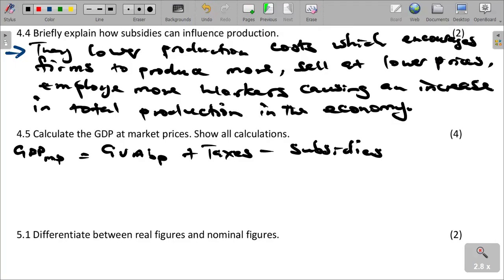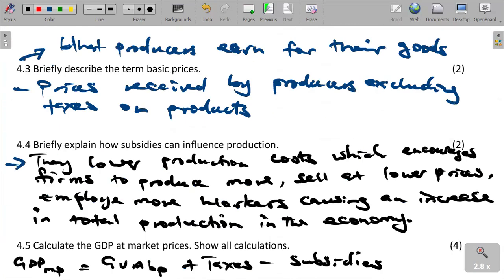What we know is that gross value added at basic prices, taxes on products, and subsidies on products are also given when we look at the table that we have been working on or on the attached information sheet.